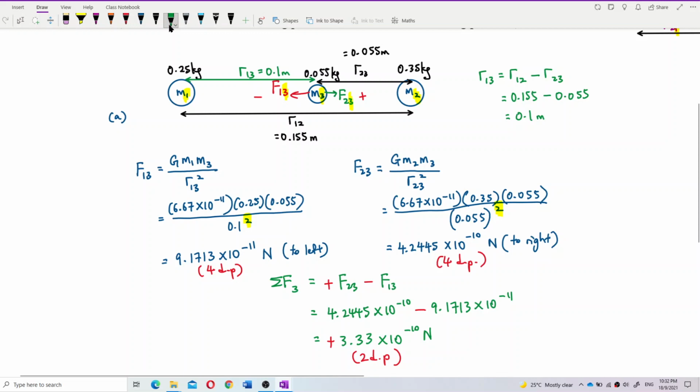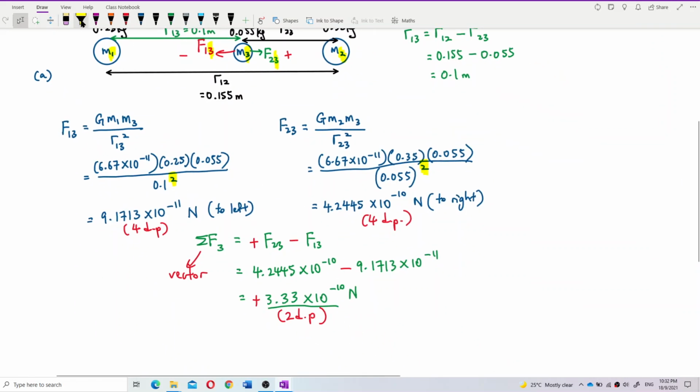Understand? One thing I missed out, I need to put direction also, because force is a vector. A vector, you must have direction. So what is the direction of this force? Just looking at the sign, I get a positive sign. Positive sign means direction is to the right.